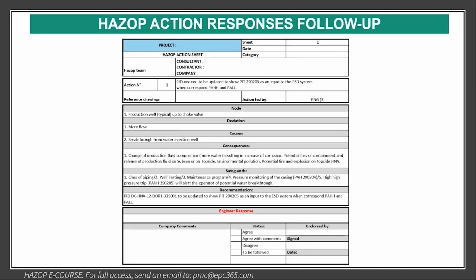The actions normally go through an action sheet. For example, here is action sheet number 1, and the deviation is more flow, there is a cause, and this is what was given in the HAZOP worksheet. But here the engineering response, from the contractor, has to respond to this recommendation and say if they implement it in the design.